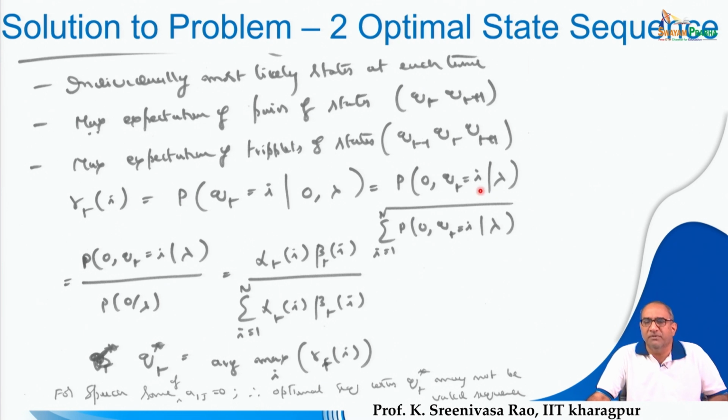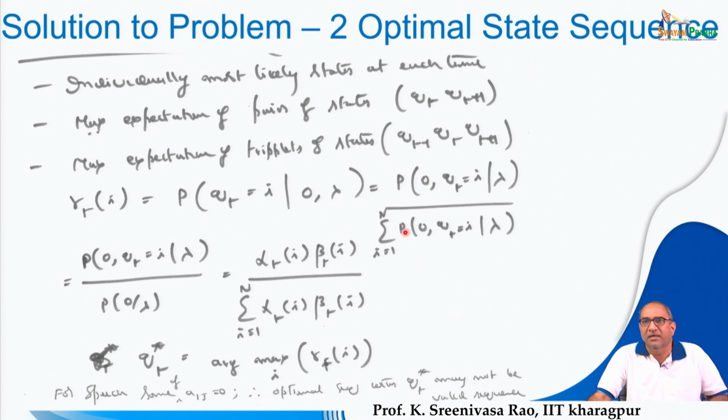The numerator is just trying to find the number of times the system will be in state I at time t, whereas the denominator is all possible states at time t. What is the number of times the system will be in any of the states, not only for I. So, that will be the summation.